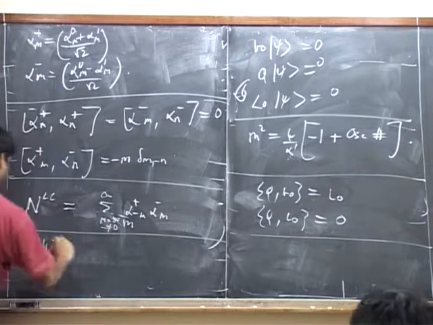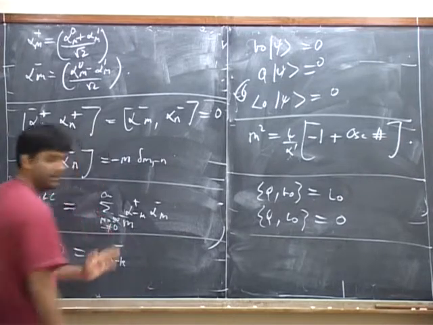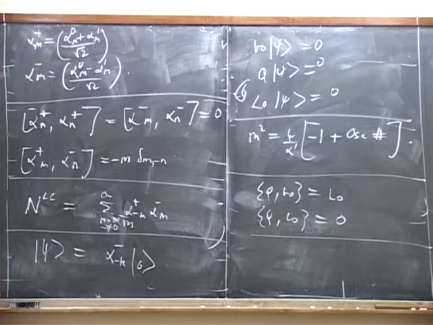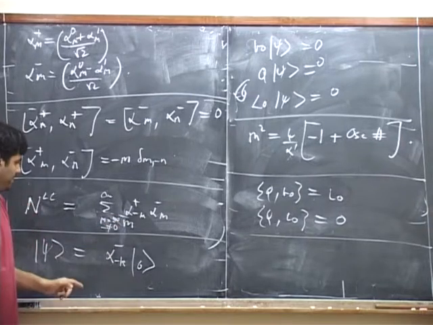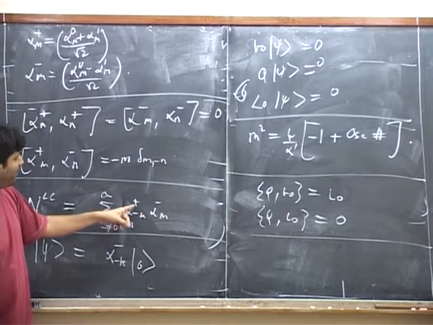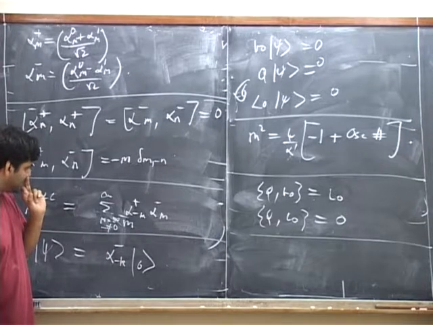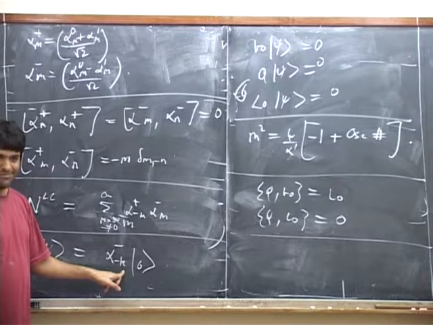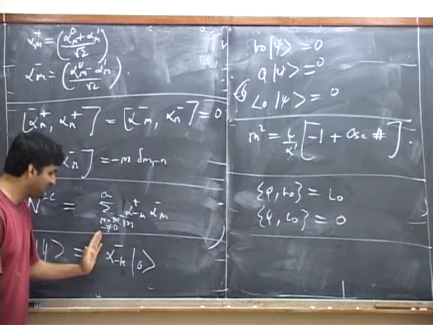Suppose psi was equal to alpha minus of minus k, with k a positive number, on 0. What term would be activated? Only the term where alpha plus comes with a plus k.